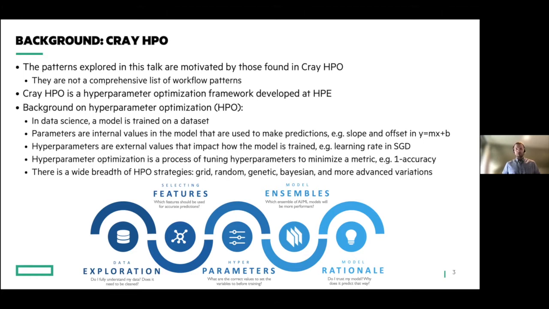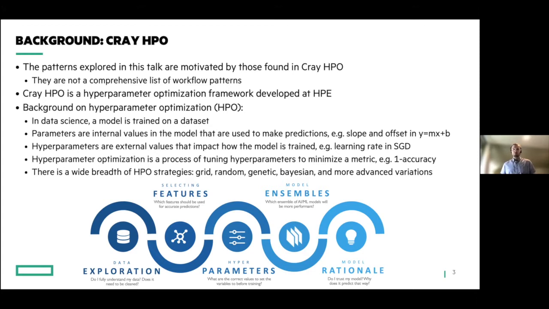And parameters are internal values in that model that are tuned as it's training and used to make the predictions. So the simplest model you can think of is just fitting a line. So y equals mx plus b, your slope and offset are your parameters there.